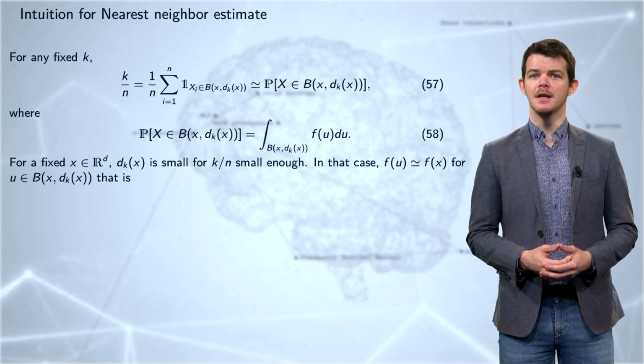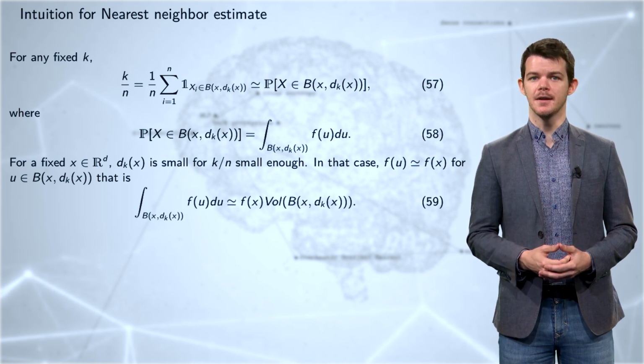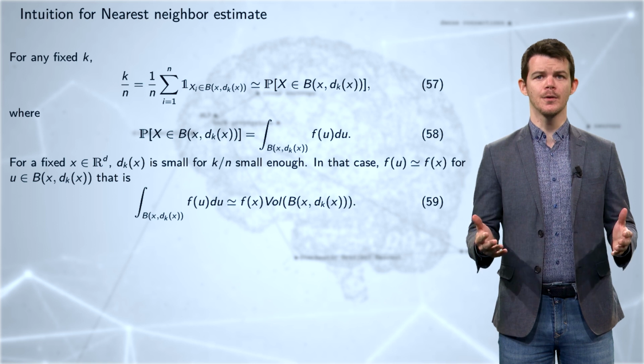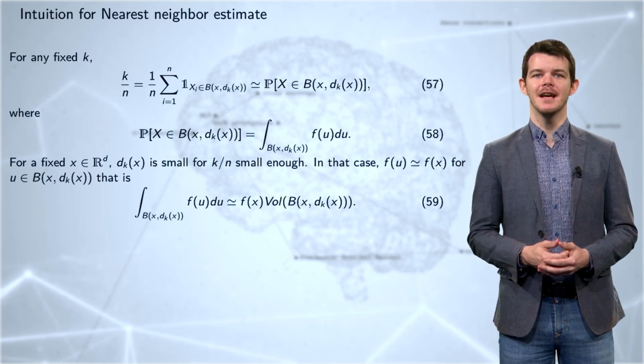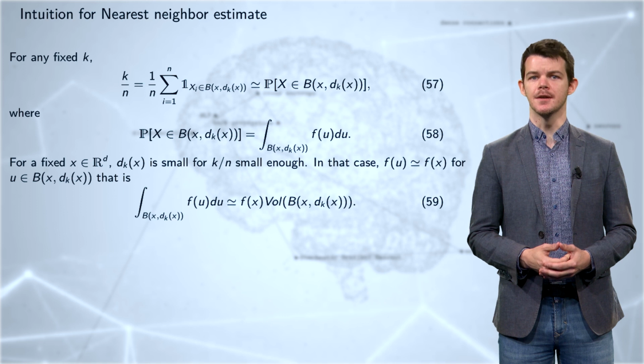The integral in 58 can be approximated in equation 59. Therefore, if we have k and n which tend to infinity, one can hope that 57 holds. A more rigorous justification would be needed here.